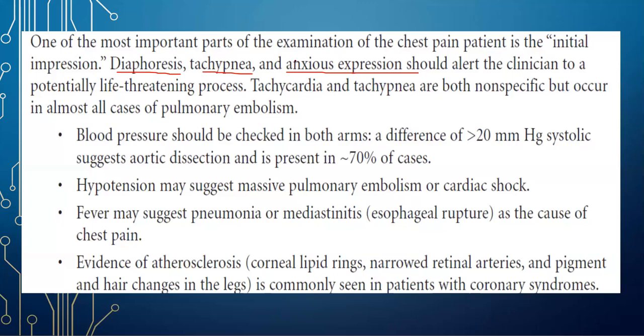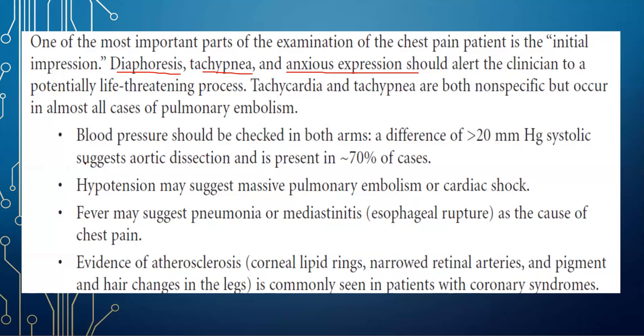All right. So some of the other physical signs that you can think about: aortic dissection, you should always consider when there is a difference of blood pressure, mainly systolic blood pressure. If it is more than 20 millimeter difference between both arms and the patient has that characteristic chest pain, you should think about aortic dissection.